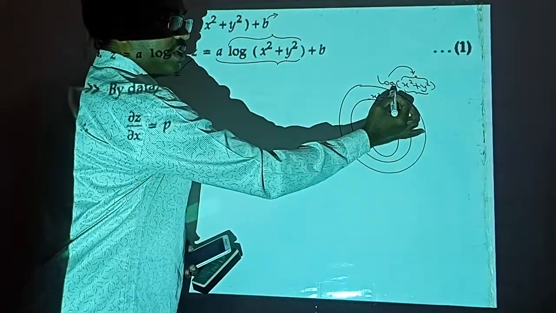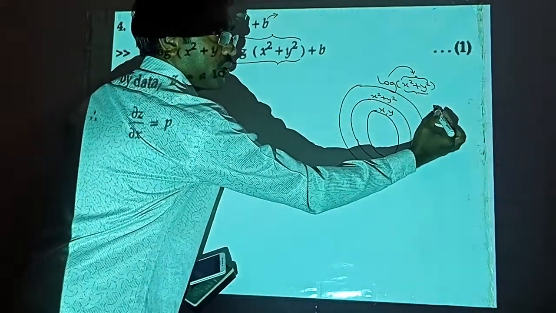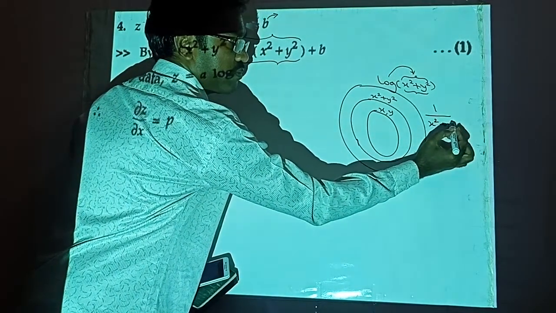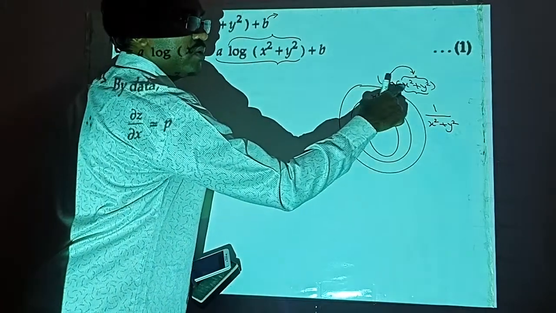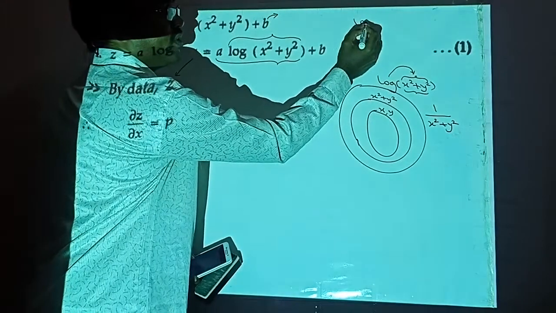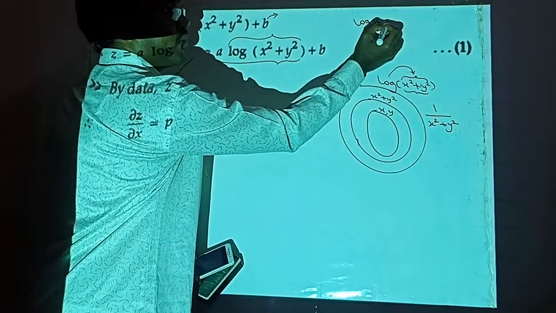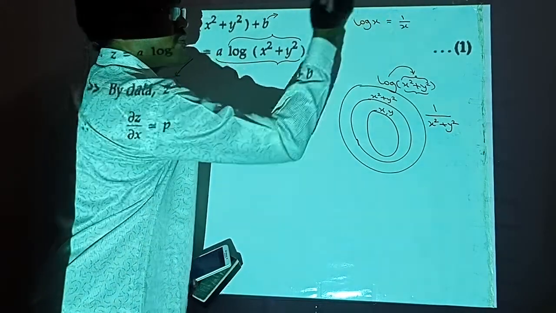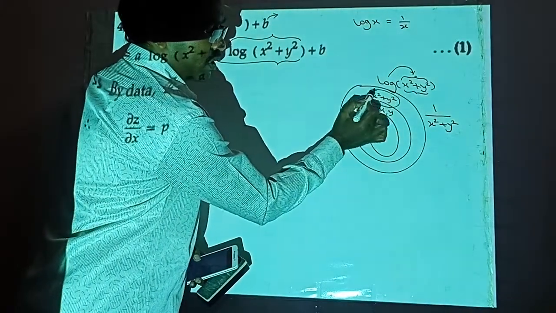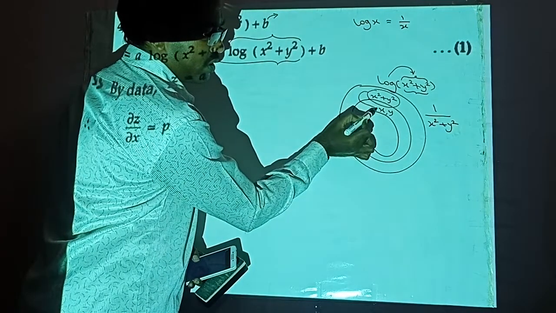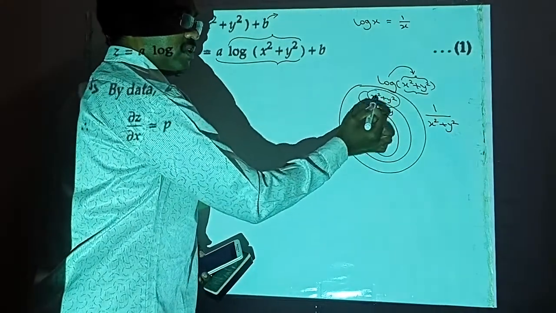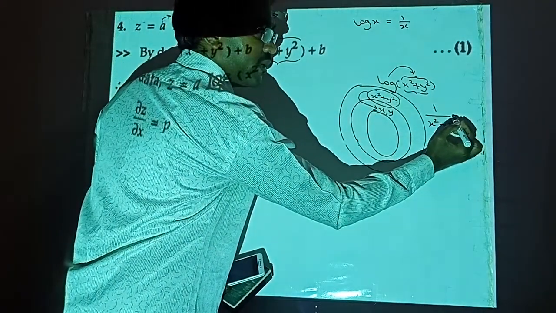If you differentiate log with respect to this, what you get is 1 divided by x square plus y square. Differentiation of log with respect to this function is this. Because if you differentiate just log x, what you get is 1 by x. Then we differentiate x square with respect to x partially. We have to differentiate this with respect to x partially and multiply here.